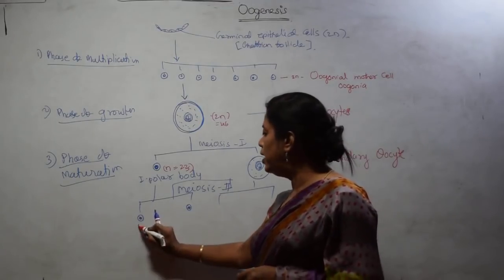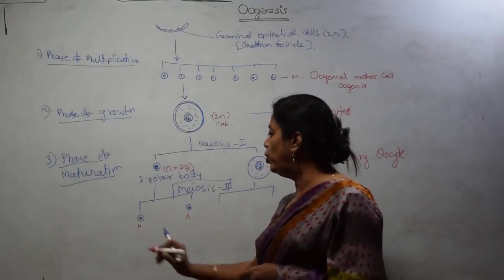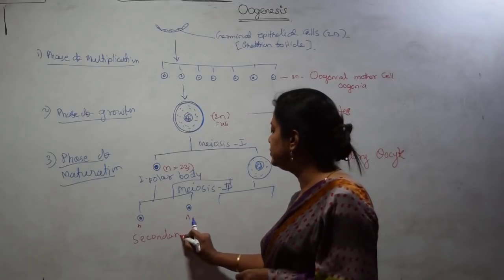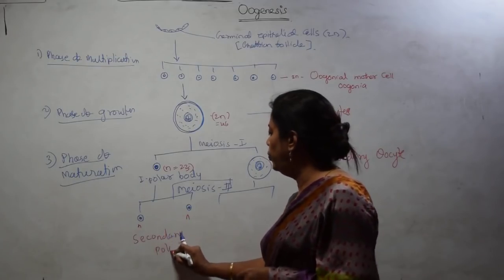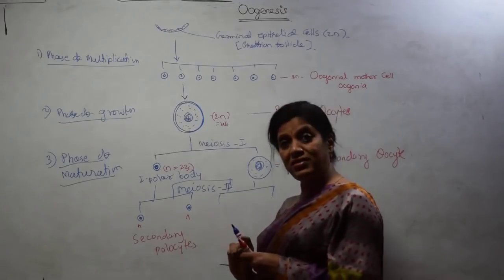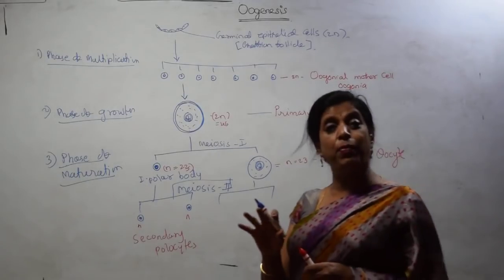This is another haploid, this is another haploid. They are called the secondary polocytes or polar bodies. What about this? This is the secondary oocyte producing two more haploid cells.